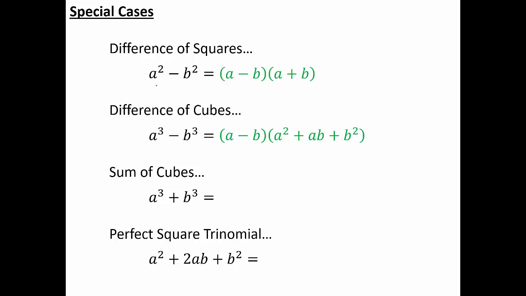Now, the way I always remember this one is I think to myself, a cubed, well, that's just a times a times a, which of course is the same thing as saying a times a squared. When I see a cubed, what I'm going to do is in my mind break that into a and a squared, and I'm going to put that first, a and a squared. Same thing with b cubed.